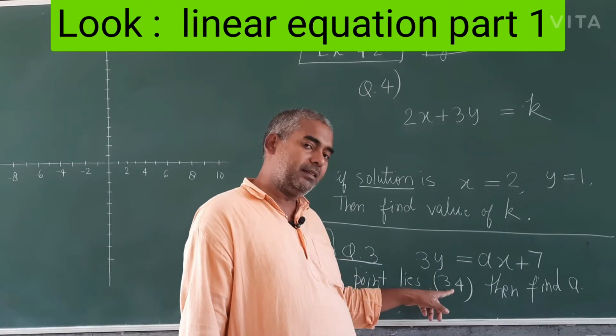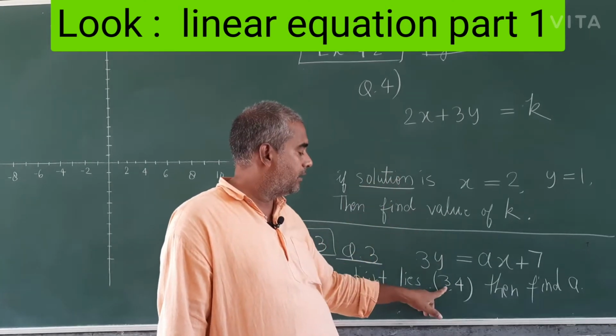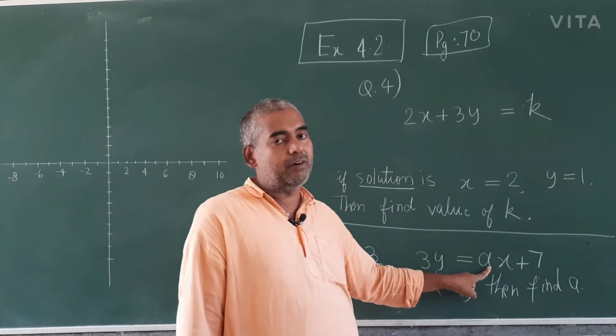Point lies means the point is on the line, this point 3,4. Then find the value of a, where a is the unknown.